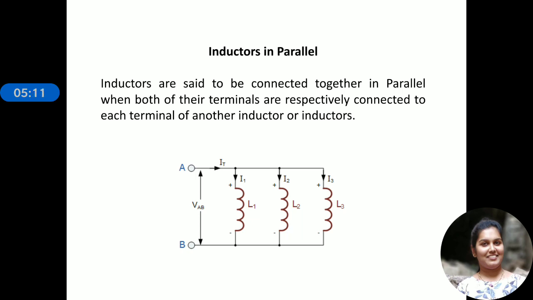For example, if there are 10 inductors in the series connection and one among those inductors has 50 henries, the total inductance we get will always be greater than the largest inductor, that is in this example 50 henries.